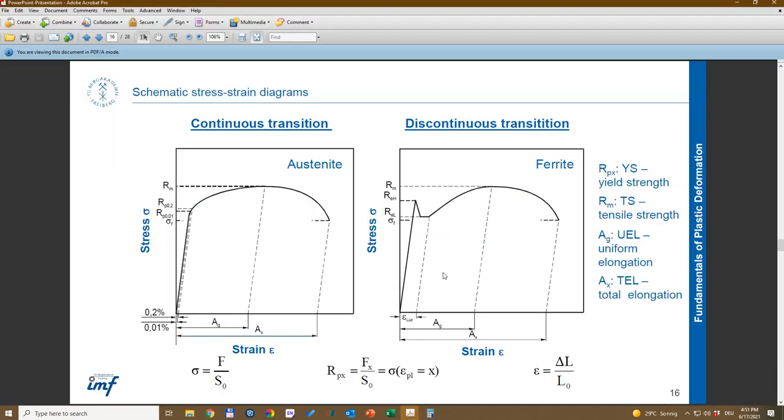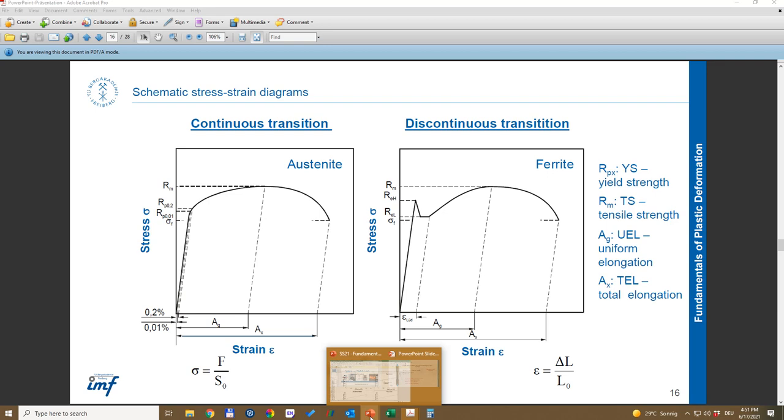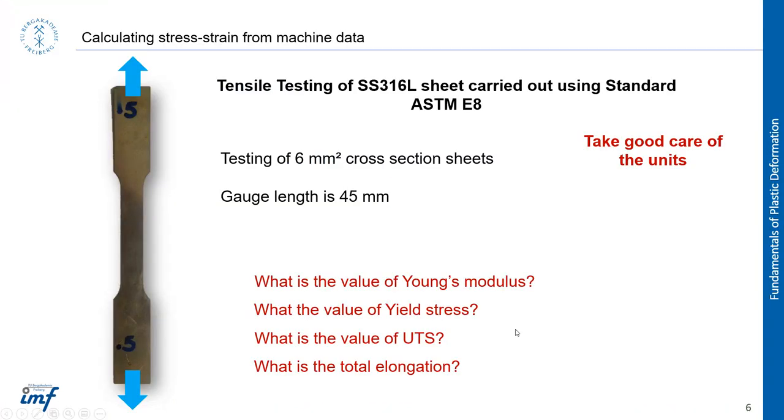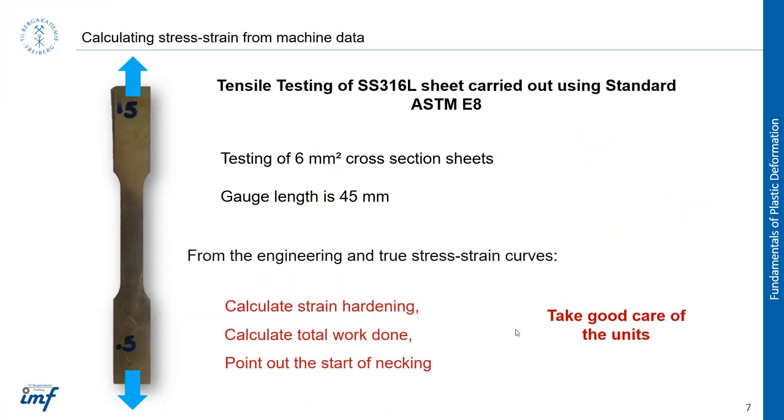Then I would like to continue with the next part of the lecture, which is from these curves which we have already plotted. What I would like you to do is to calculate strain hardening, total work done, and point out the start of necking using one of the formulas.